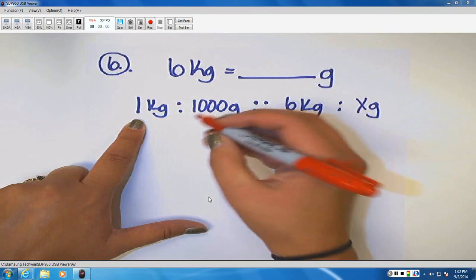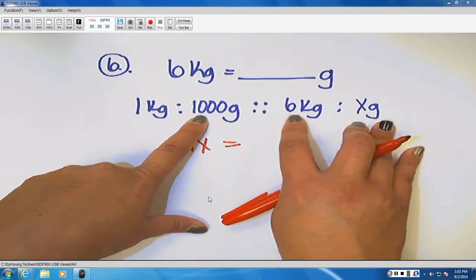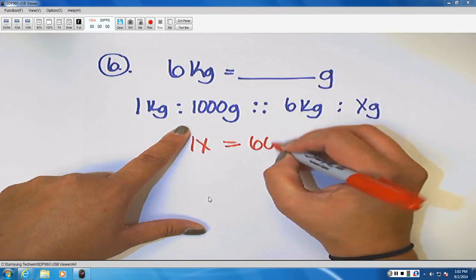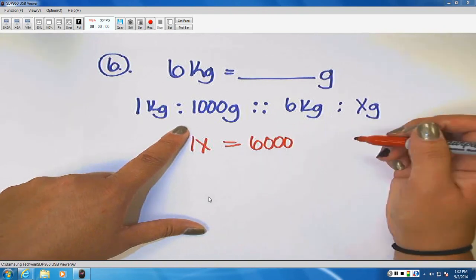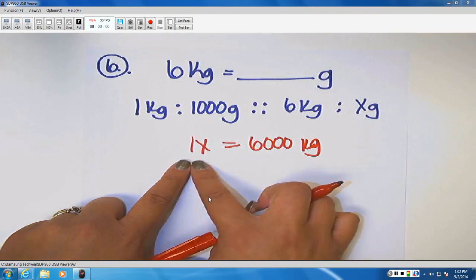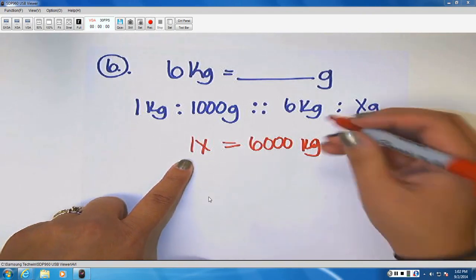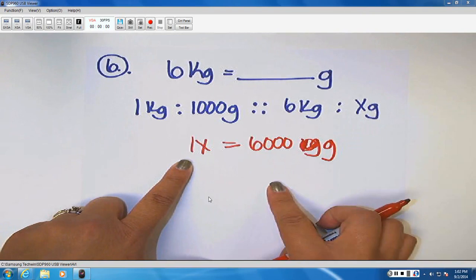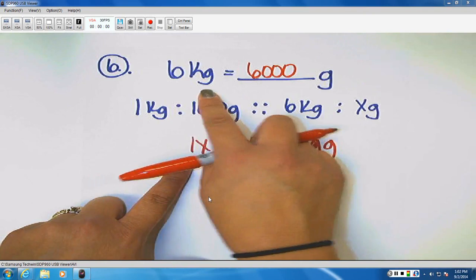So basically it's 1x equals, multiplying these two here, 6,000 kilograms. And so then I know that x equals 6,000 grams.